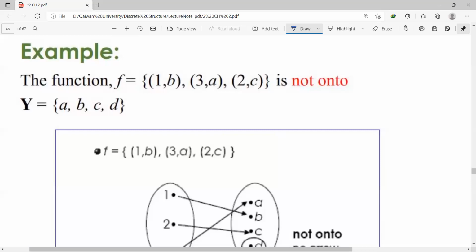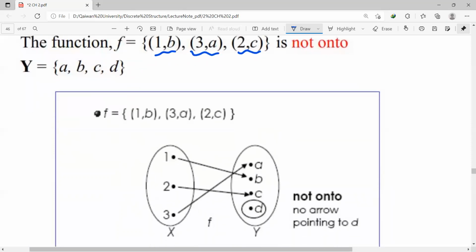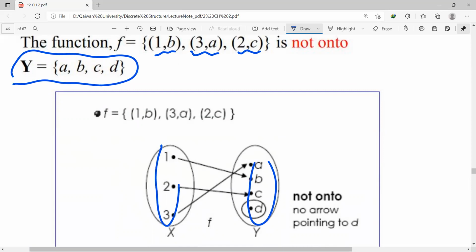We have this example. It says the function f was defined by 1b, 3a, 2c, is not onto Y. Okay, here we say Y is a, b, c, and d. This is Y. And X is 1, 2, and 3. The image of 1 is b, the image of 2 is c, and the image of 3 is a.